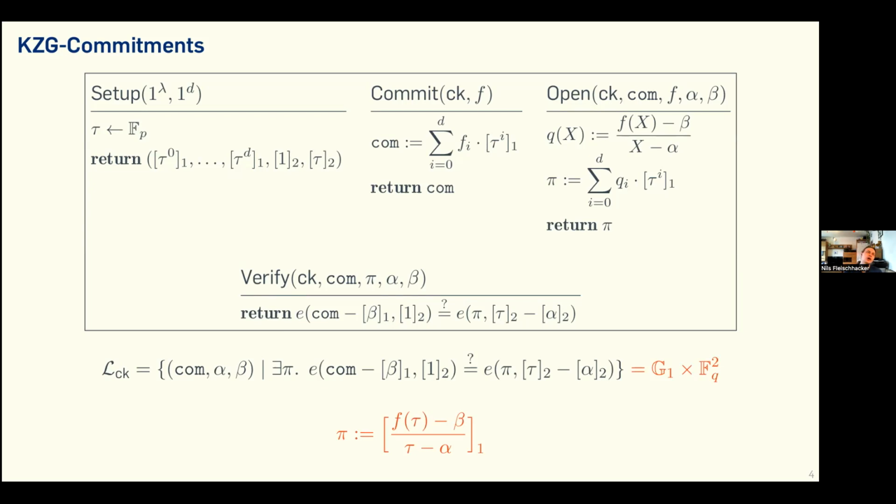These things are hard to efficiently compute, but they exist. For every triple com, alpha, beta that syntactically is of the correct form, there exists a pi that satisfies the verification equation. So in principle, a KZG commitment can be opened at any point to any value.